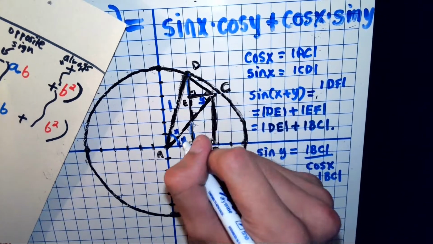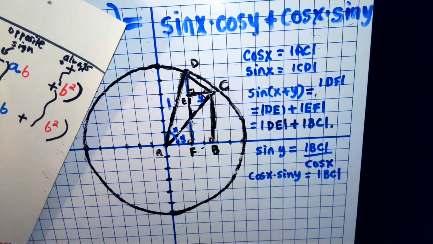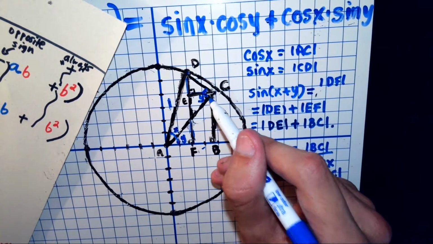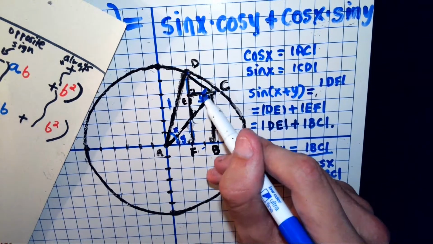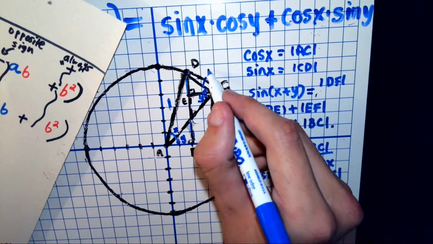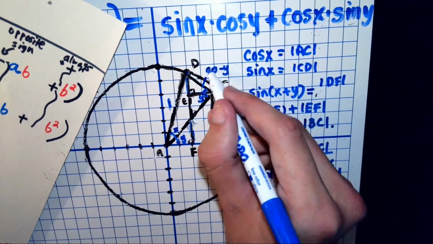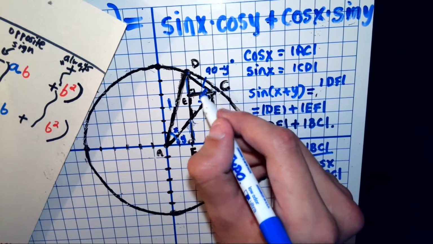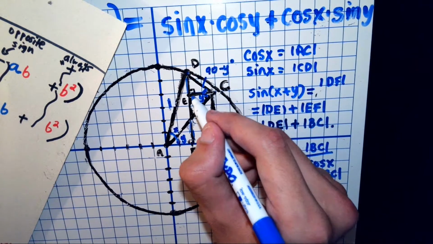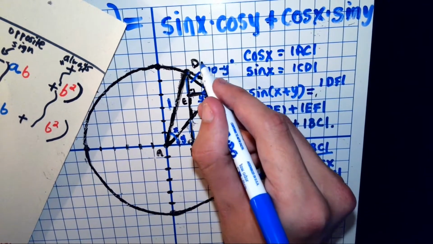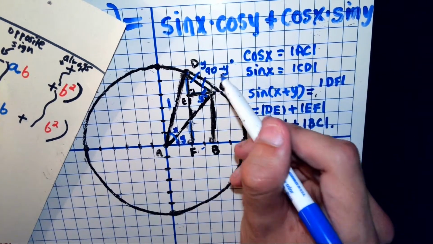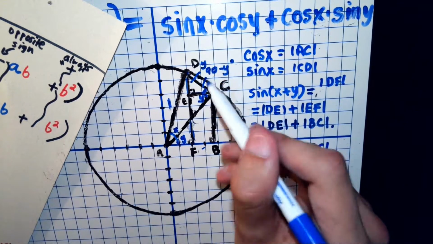By our construction, this angle up here was a right angle, so what's missing right here must be 90 minus y degrees. And because this is 90 minus y and this is 90, this angle right here must be y, because y plus 90 minus y gives you 180.